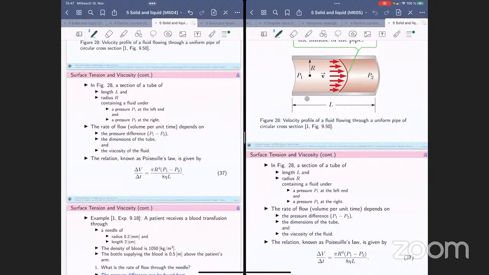If the pipe is large, okay, the fluid would flow very well. Okay, you may have observed that if you are in your villa, in the place where you live, if they have provided a bigger pipe of water, you would have better flow of water, and that's also the reason why the rate of flow depends on the dimension of the tube.